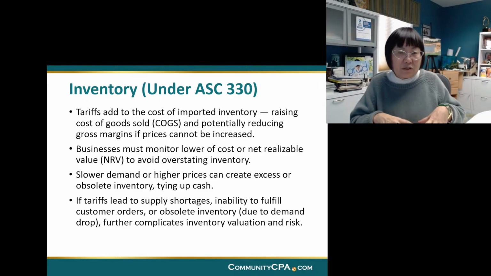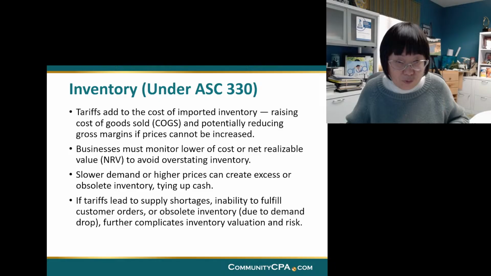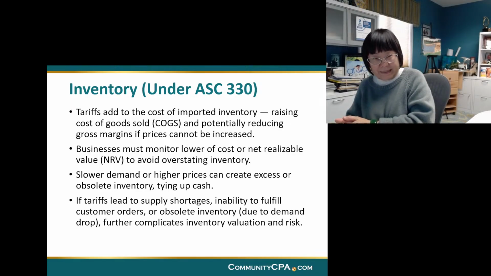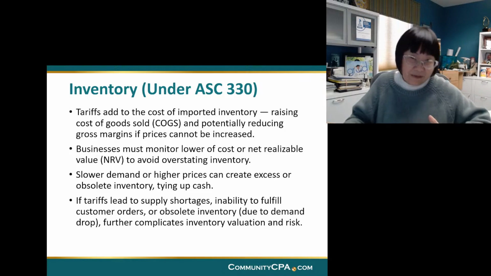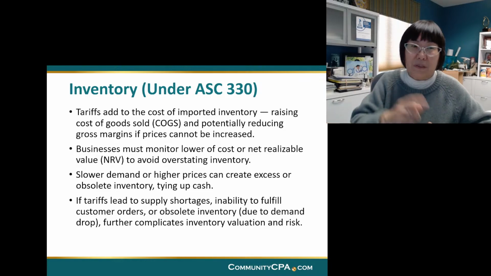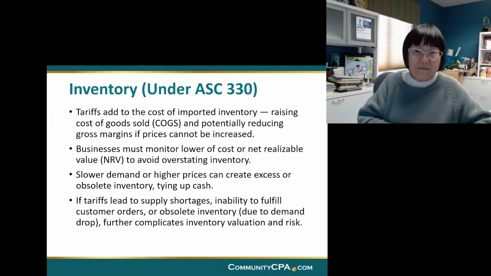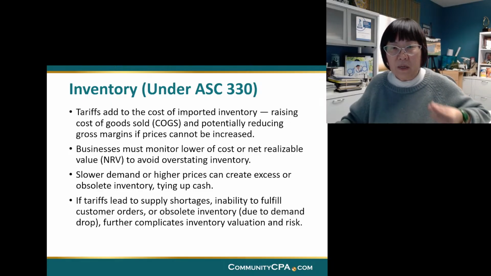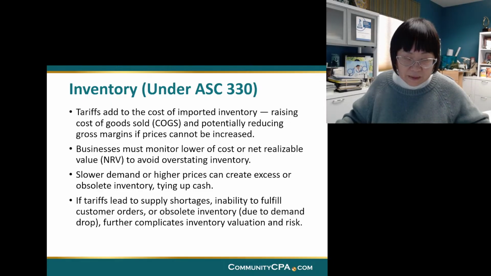If tariffs lead to supply shortages, inability to fulfill customer orders, or obsolete inventory, it further complicates inventory value and risks. What if you don't even have inventory to sell? That means you're losing your sales, right? So those are the things we want to be sensitive to when you are involved with the tariff tax side of things.